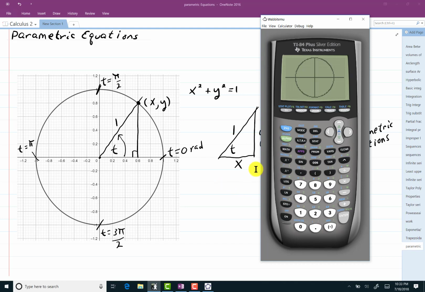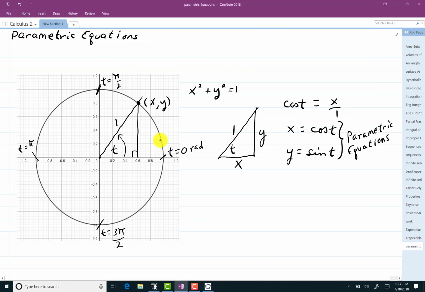Now, going back to the way the graph was drawn, we can draw arrows to indicate that the graph is traced out. Try to make my arrows thick, in a counterclockwise direction. That's what these arrows tell me. This is going to be very important, especially in Calculus 3.